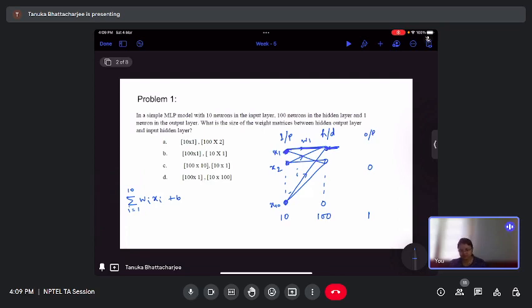Now, after doing this linear combination, you apply some sort of non-linearity on top of it to get the output. So, here these wi's are basically the weights. You can write this as w transpose x plus b.